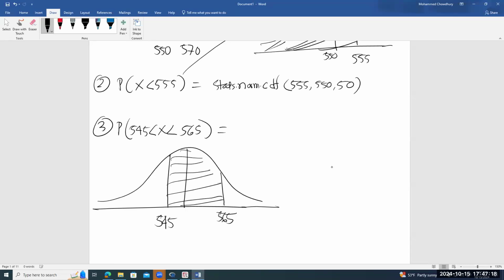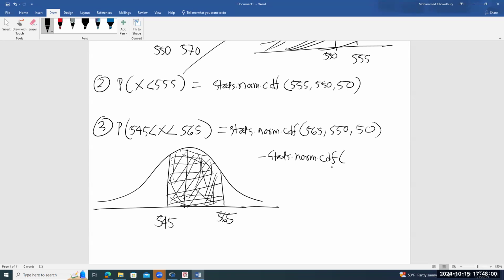This is what I want to do. So what I do? stats.norm.cdf(565, 550) minus stats.norm.cdf(545, 550). You are understanding, right?